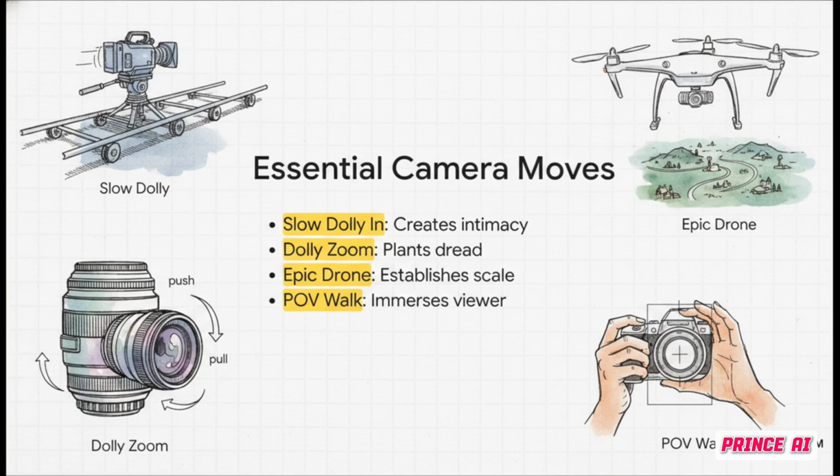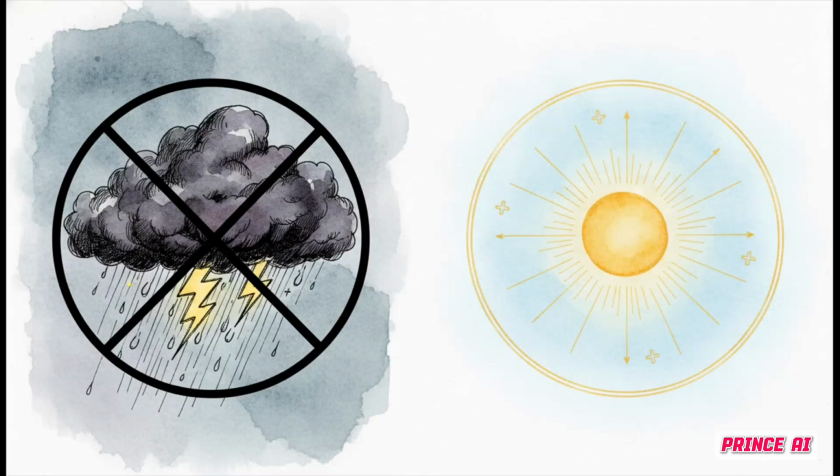A dolly zoom, that plants a feeling of profound dread. An epic drone reveal establishes massive scale, while a POV walk immerses your viewer completely in the scene. By explicitly writing your prompt with these precise terms, you completely stop relying on random AI generation, and you actually start directing a film.